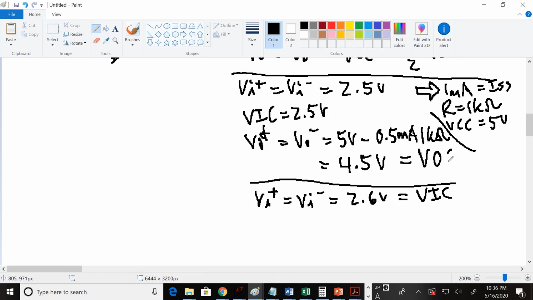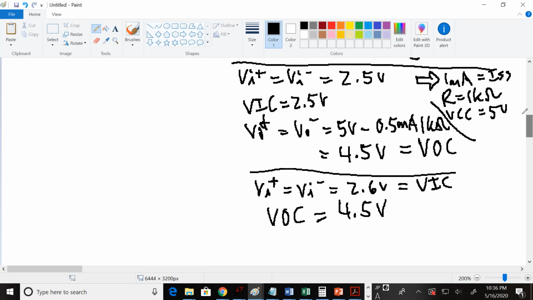So this is actually your VOC here. So let's try it with this. And the question is, what's your VOC? It turns out nothing changes in this equation. If both inputs are the same, then the tail current source, which is ISS, will split between the two, and your VOC will just also be 4.5 volts for this. So when I change the average of the input from 2.5 volts to 2.6 volts, the output didn't change.